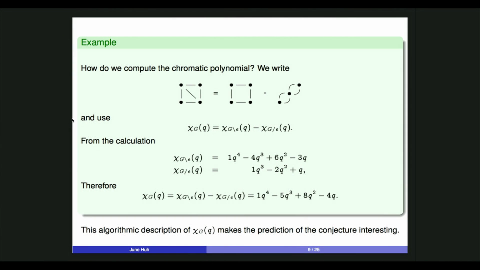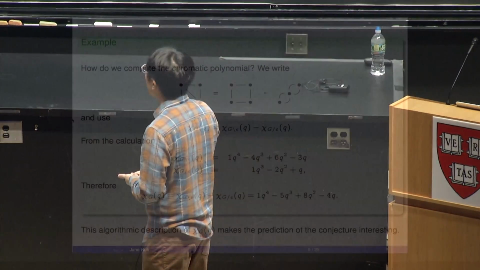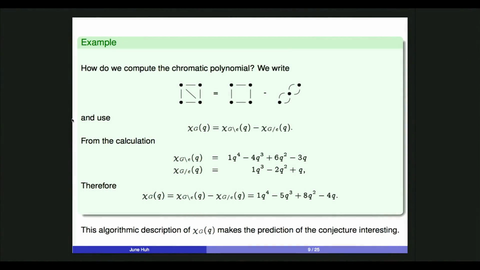This is a proof by induction of the fact that the chromatic function is actually a polynomial, because the trivial cases are polynomials. But what it does not show you is that this algorithmic description of the chromatic polynomial makes the previous prediction quite far from trivial. Why must it be true?